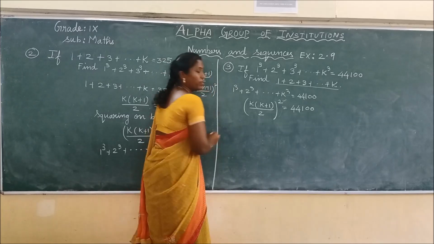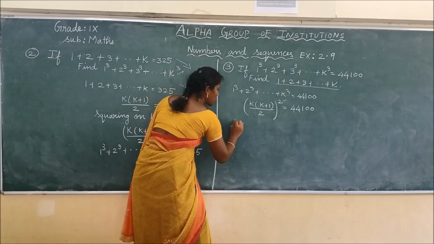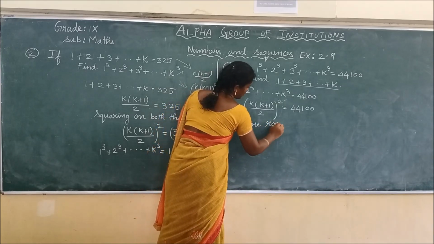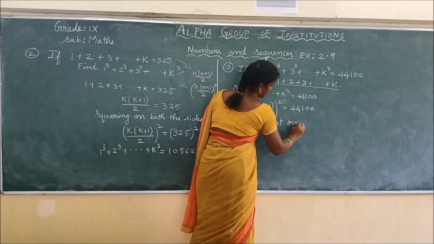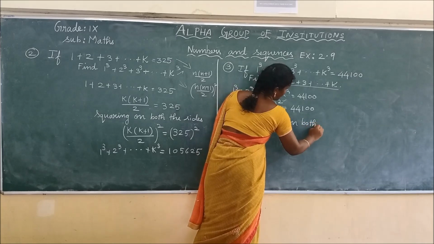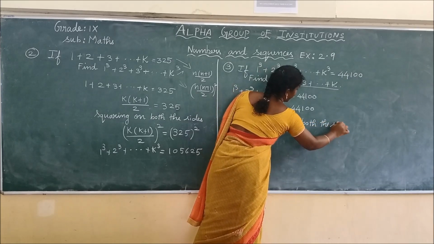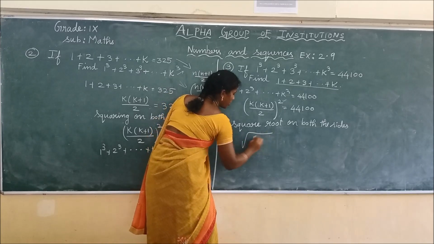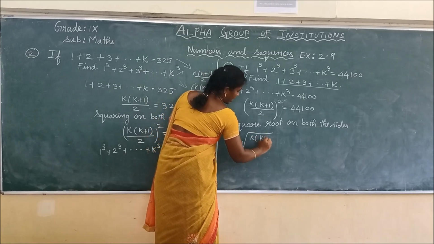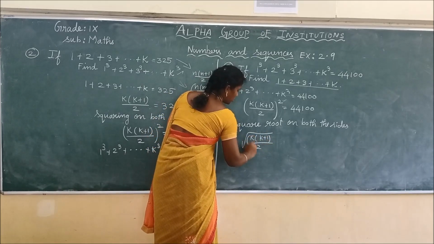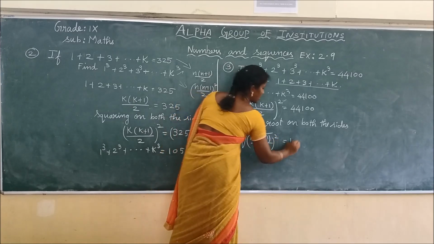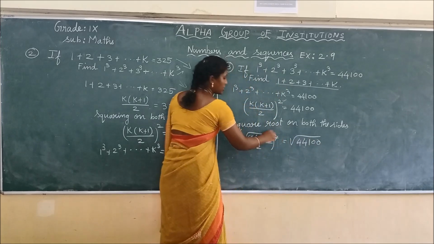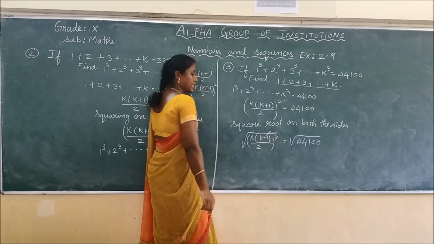We are going to take the square root on both the sides. Here, the square root of k into (k plus 1) by 2 the whole square is equal to the square root of 44100. The square and the square root are reciprocal, so they will get cancelled.